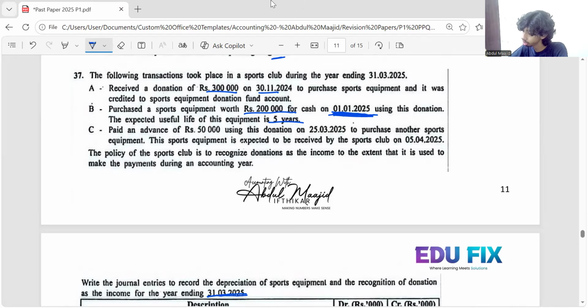Then for 3 months, that's going to be, wait.